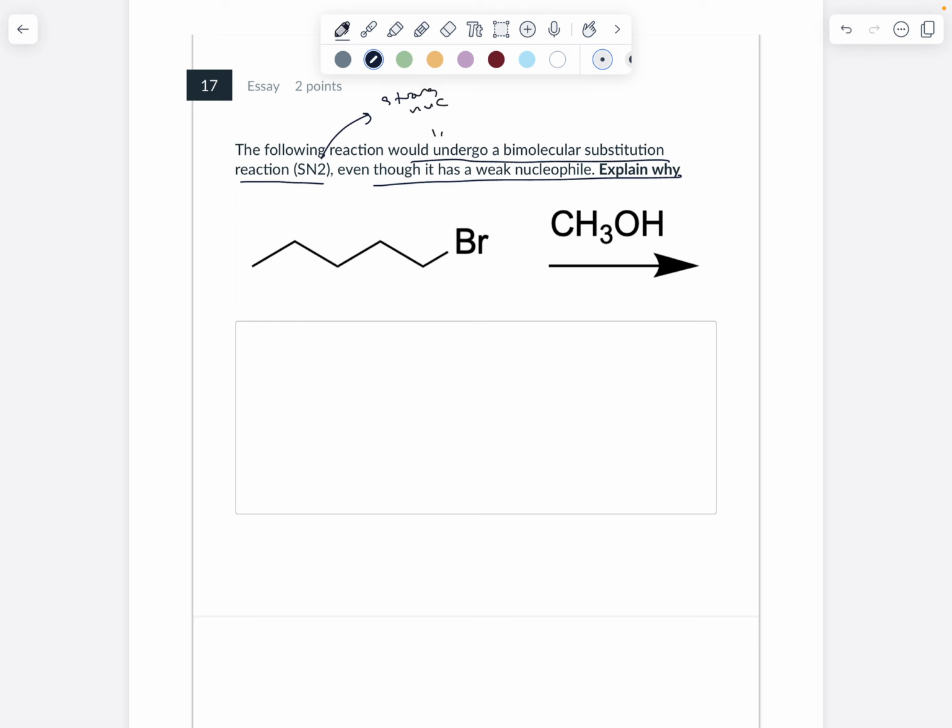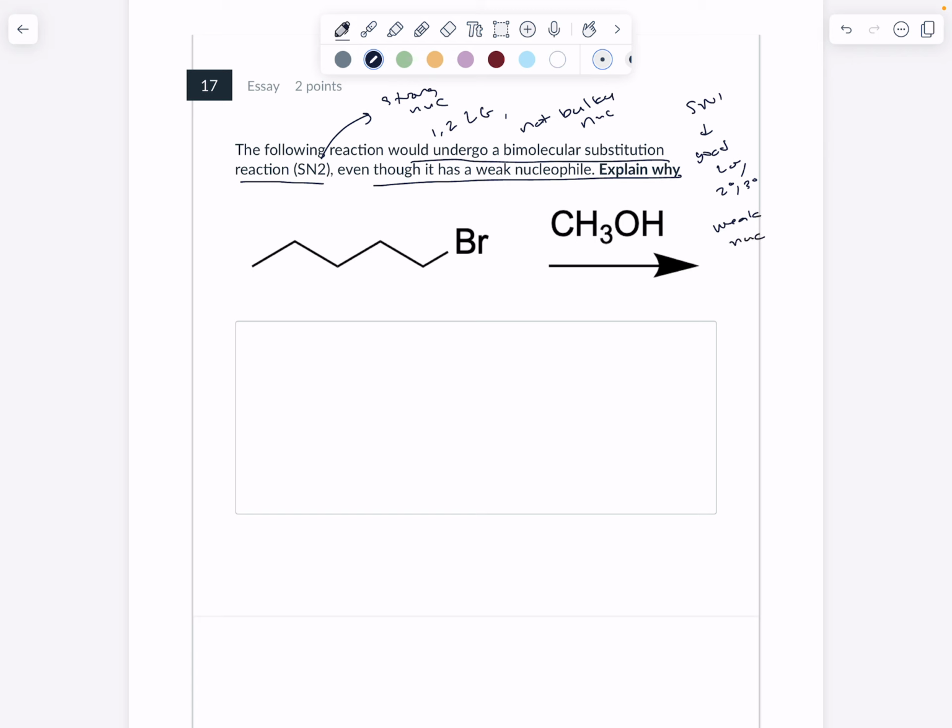It needs a primary or secondary carbon with a good leaving group, and not too bulky a nucleophile as well. So when I'm looking at this and it has a weak nucleophile, I'm like, well, why wouldn't that go SN1? SN1 needs a good leaving group, needs to be secondary or tertiary, a weak nucleophile, and it doesn't matter if it's bulky or not.